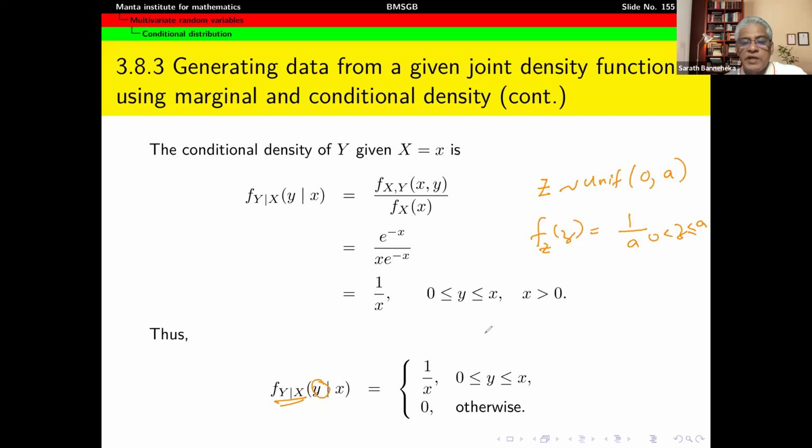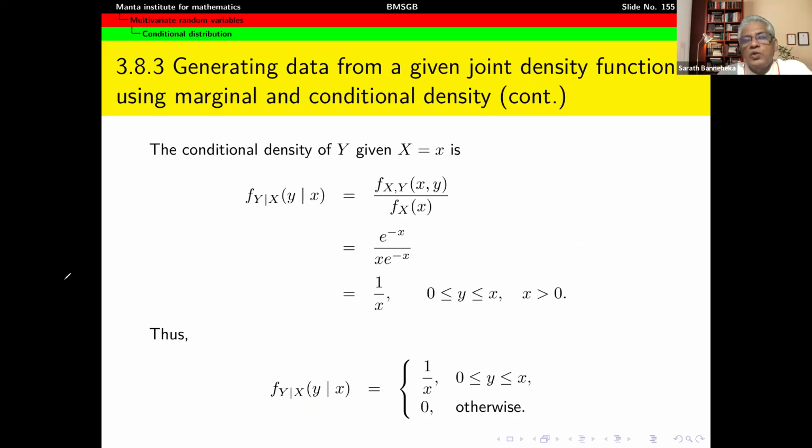So we can identify by that this is actually the uniform distribution. The density function of a uniform distribution when the domain, or the support, is between 0 and x. Right, so we have identified.